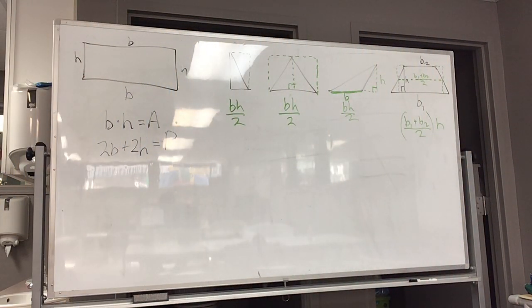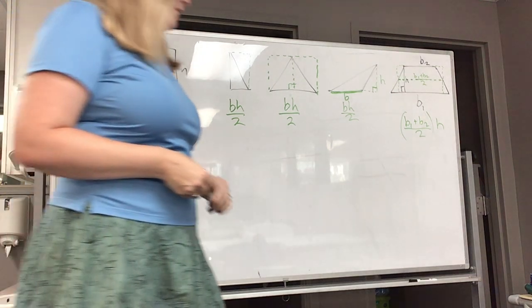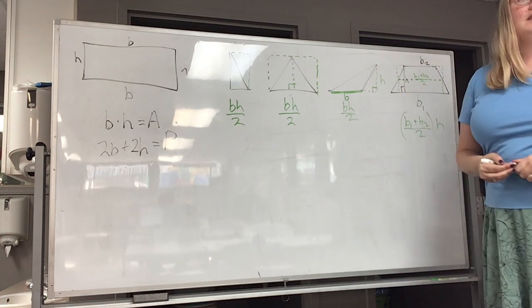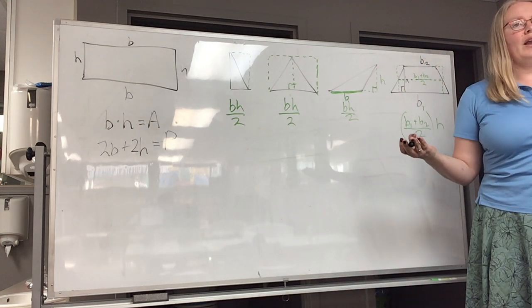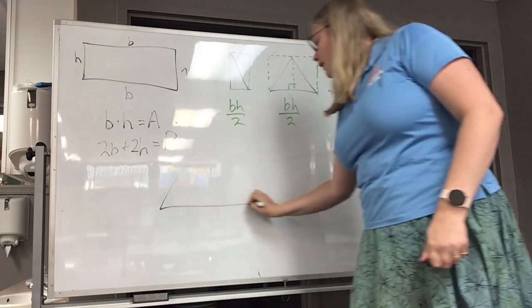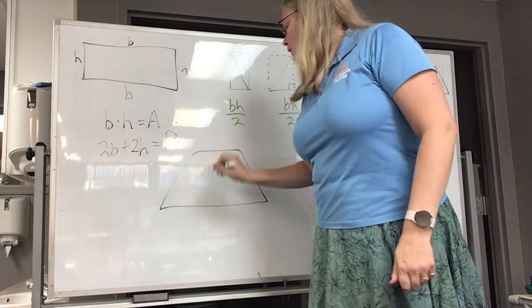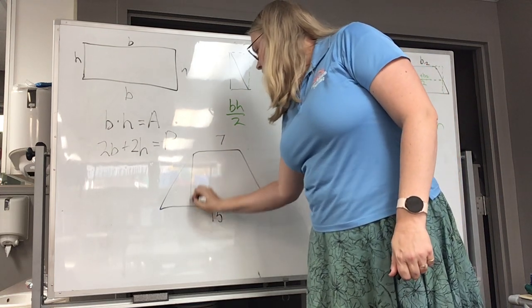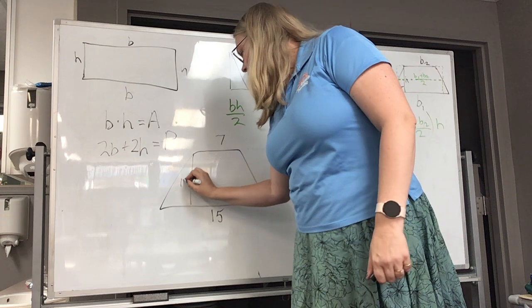If you hate trapezoids, if you say, no, that still doesn't make sense to me, the other way to deal with them, and on the ACT, it's a free-for-all. Get the answer any way you can. If this is 7 and this is 15 and our height is 10.